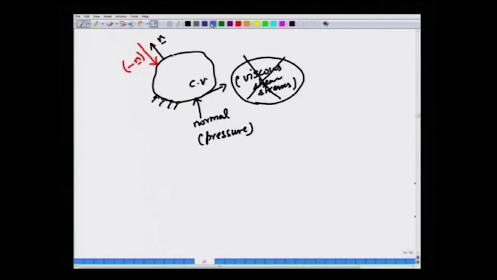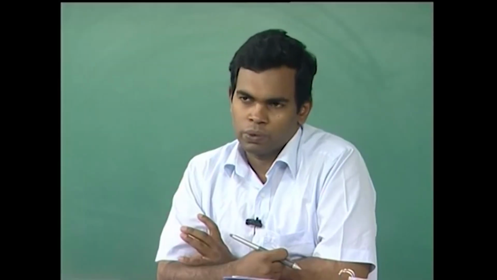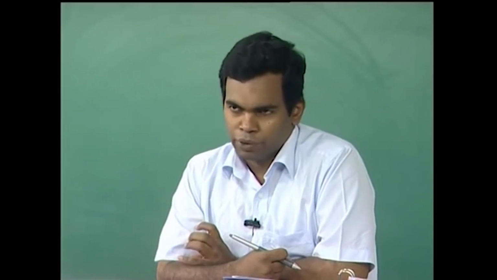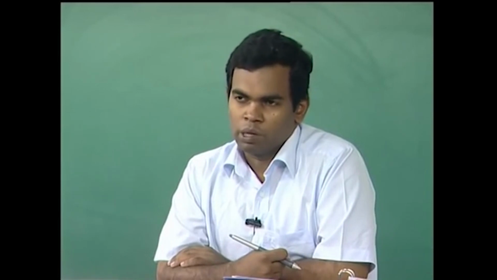So, if you want to write an expression for the surface force due to pressure, all you have to do is to say the integral over the control surface of P times minus n dA, because pressure is just a scalar number, the magnitude of the force that is acting compressively, tending to compress a given volume element.